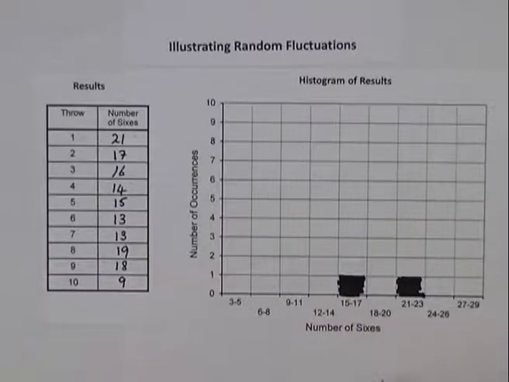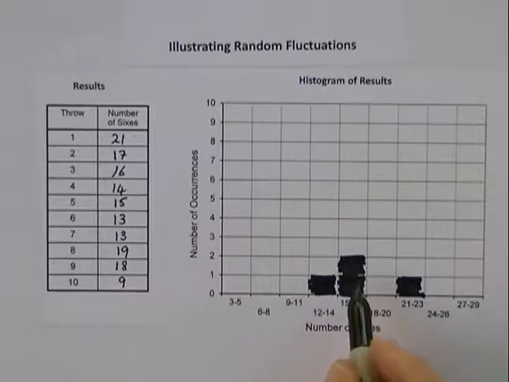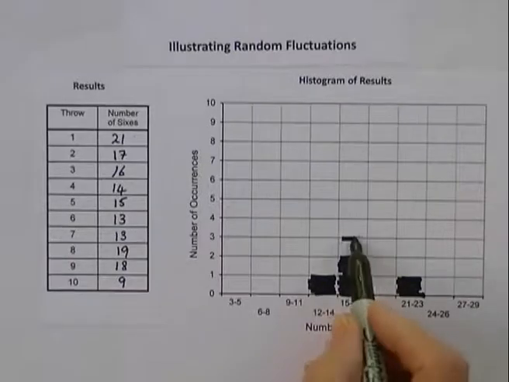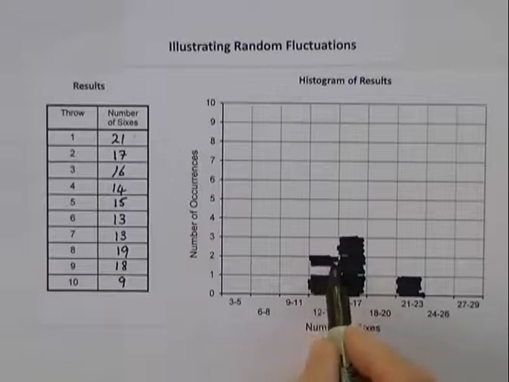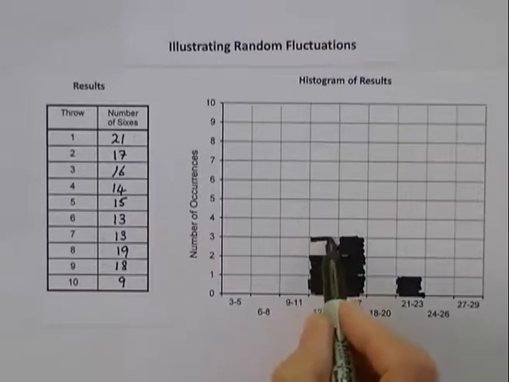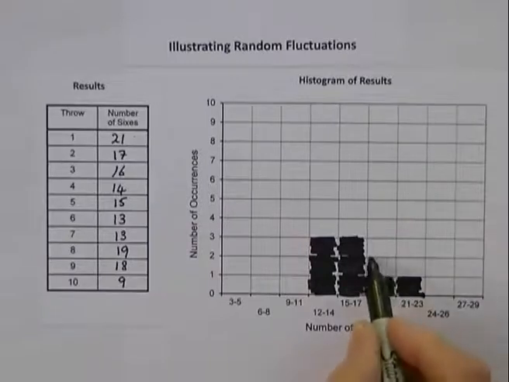Then we had 16, which is again in the range 15 to 17. Then we had 14, which is down here. Then a 15, which is in this range. And then a 13, another 13, a 19 in the range of 18 to 20, an 18 in that range again, and then a 9.